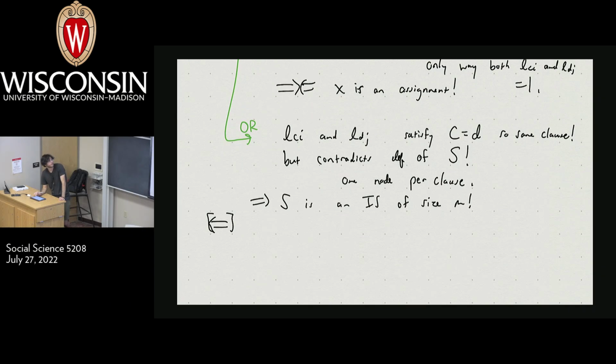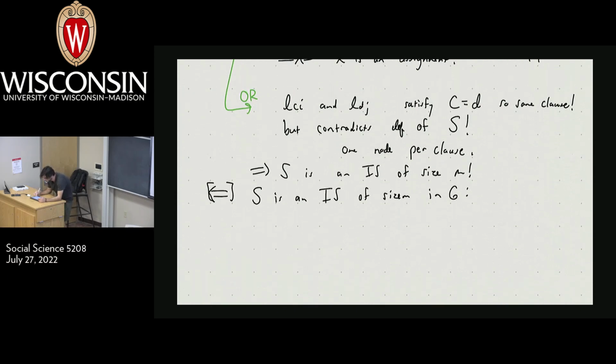So for the other direction, if I give you an independent set of size M, so let's say S is an independent set of size M in G, then what's our formula X going to be?